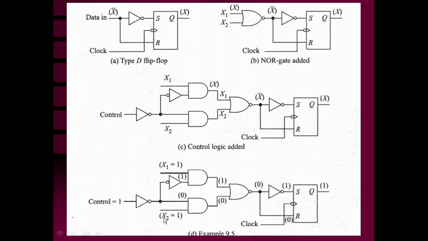And the data present at X2, whatever it may be, if X2 is 1, that 1 will be clocked into the flip-flop on the negative edge of the clock pulse, because it is going to be present over here, inverted here, and becomes 0, again inverted and becomes 1, and that data is going to be latched into the flip-flop.